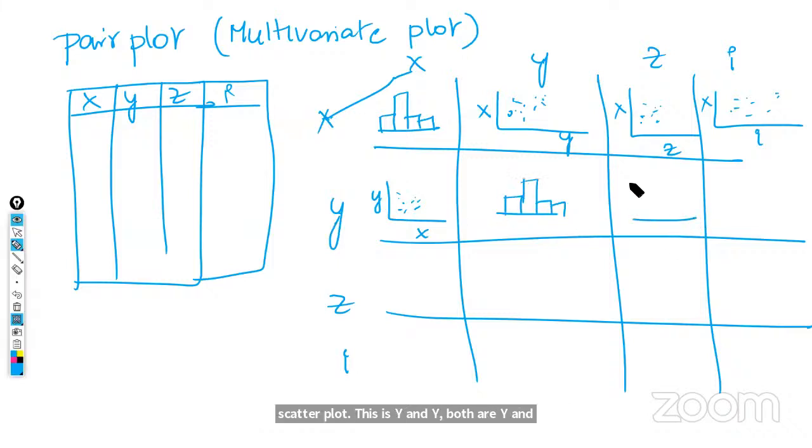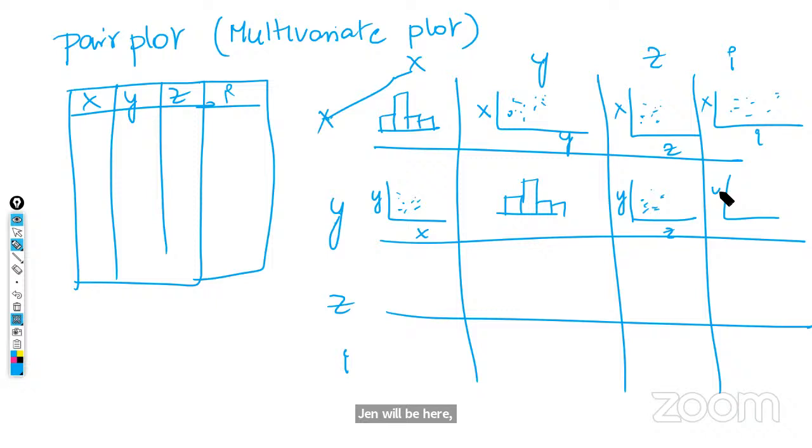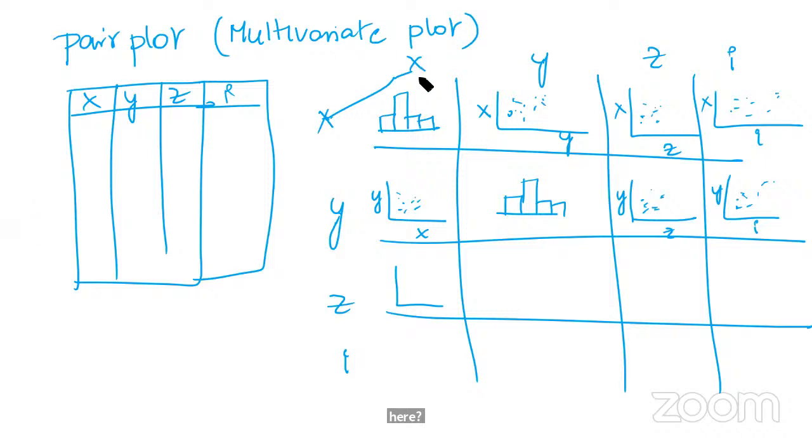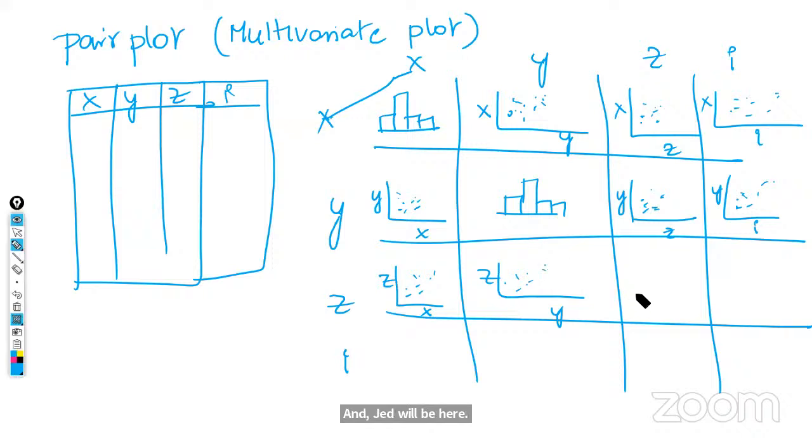Next, y here, z here, scatter plot. Y here, I on the x-axis, scatter plot. Next, x here, z here, scatter plot. And z here, and y here, scatter plot. And z and z, both are z, means histogram.